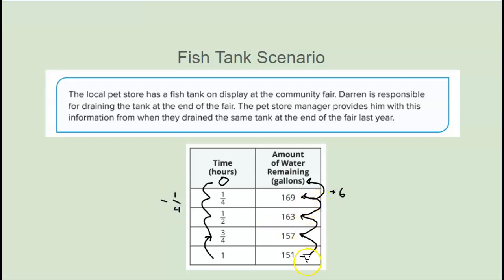And we're going up 6 if we start at the bottom. So this is going to be, what number would be up here? What's 169 plus 6 more gallons? That's how much is there at time 0, before the tank begins draining at all.